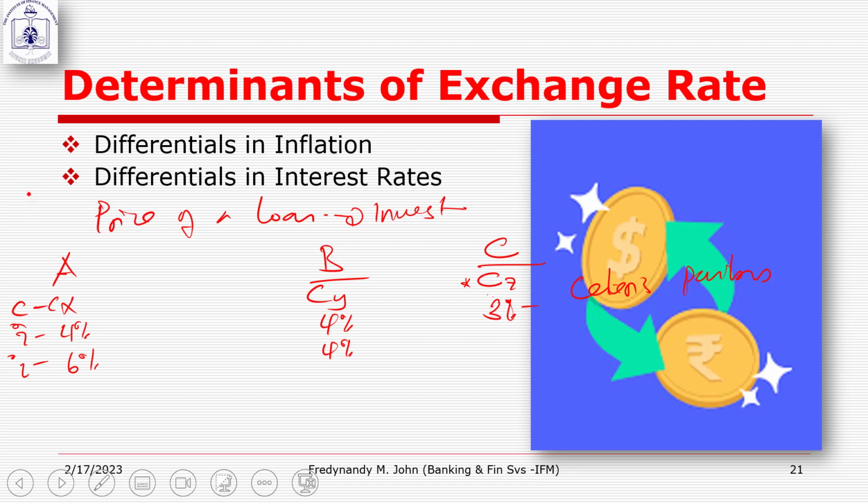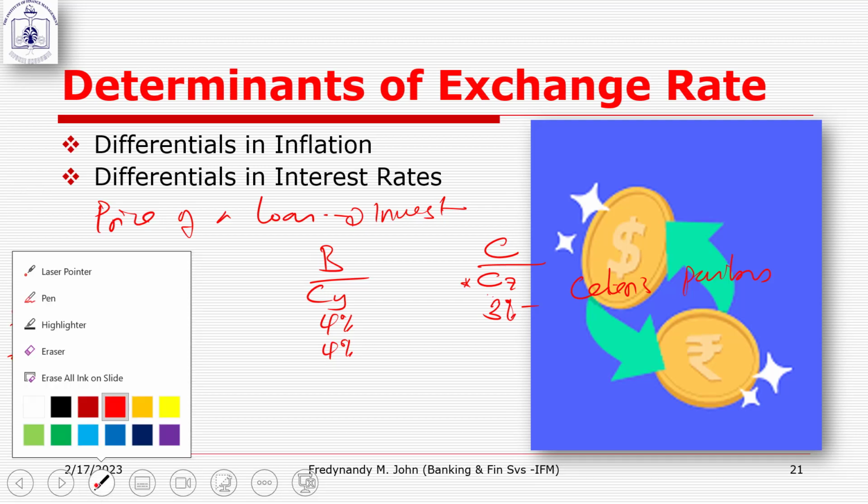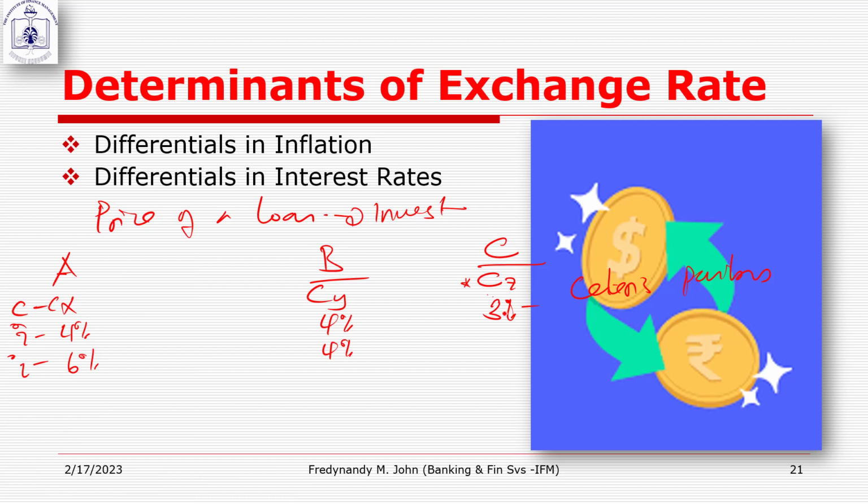What information are you getting? What are you getting from this? It is cheaper to borrow in country C and invest in country A, where you'll earn almost double the amount of interest.